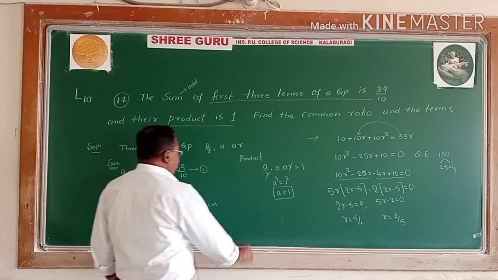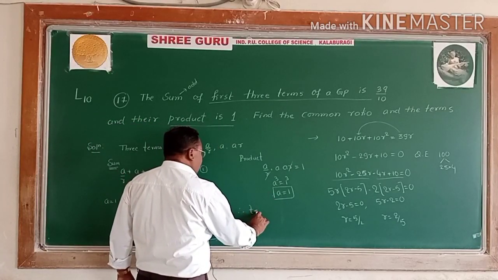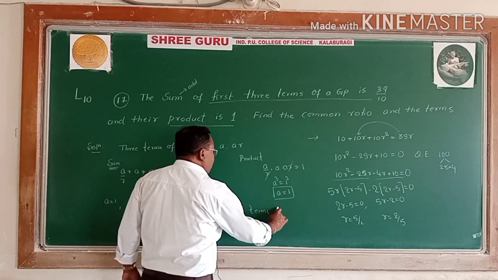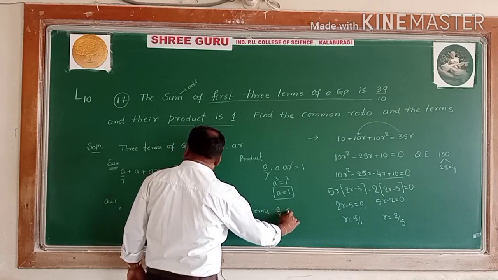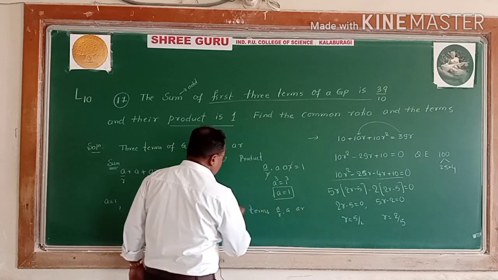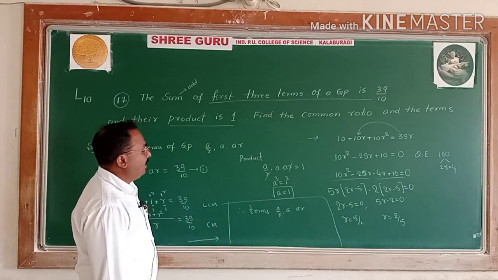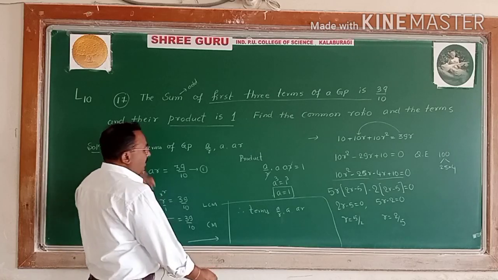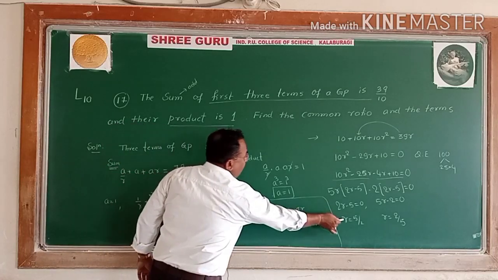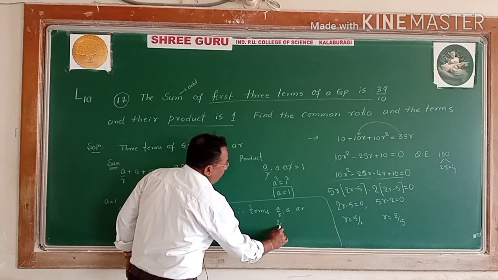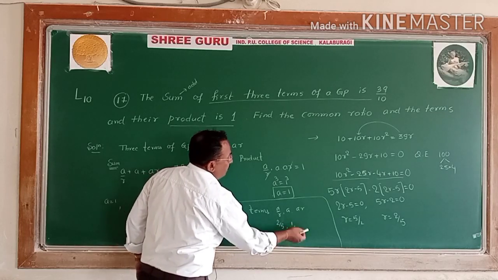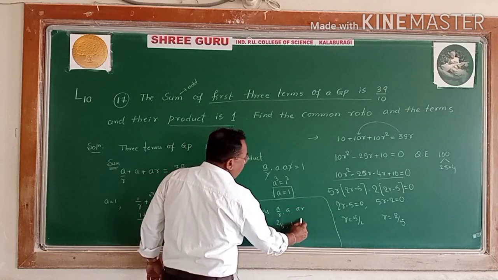Therefore the terms are A by R, A, AR. A is 1. R is 5 by 2 or 2 by 5. A into R is 2 by 5.